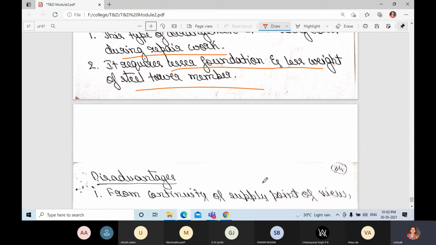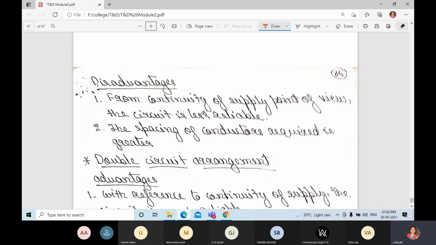The disadvantage is that from the continuity of supply point of view, the circuit is less reliable. If any damage or problem occurs in that circuit, we cannot give supply to the consumer. The spacing of conductors required is greater.